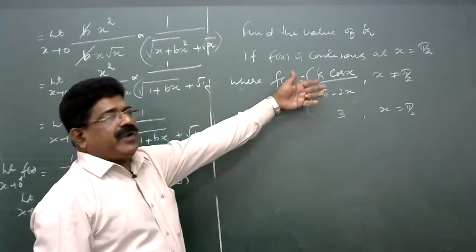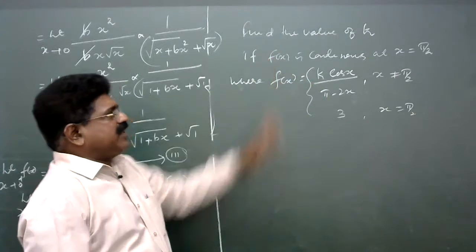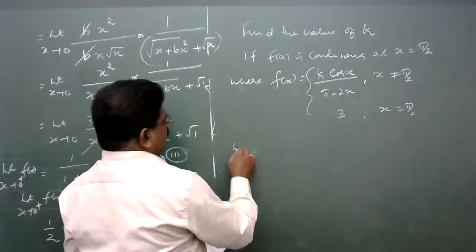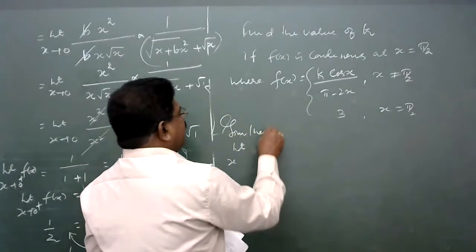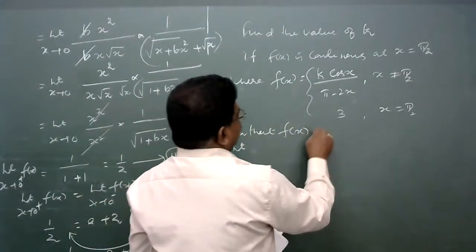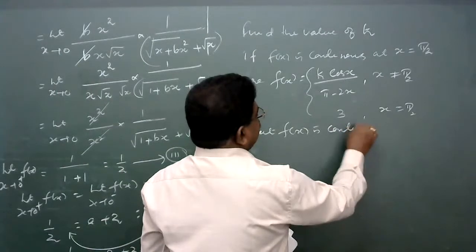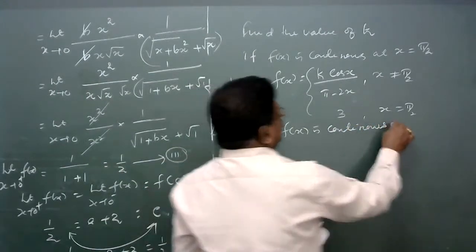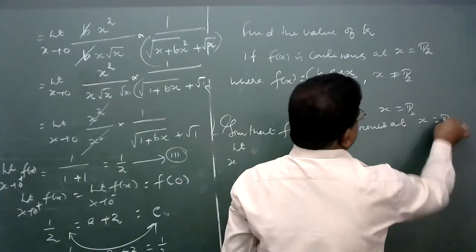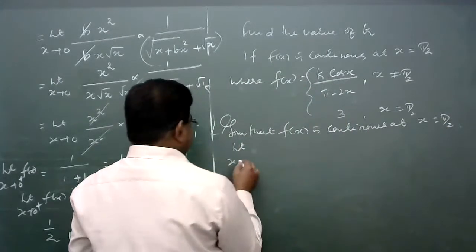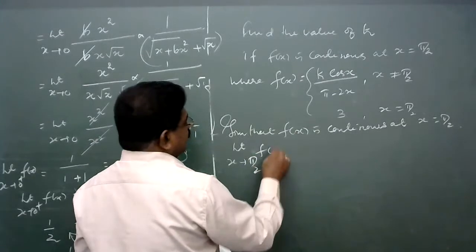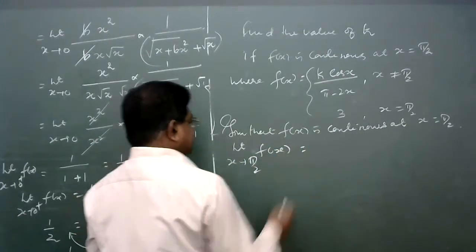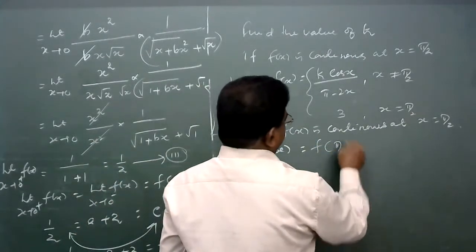Now we can apply any one of the limits. Given that f of x is continuous at x is equal to pi by 2, that means limit x tends to pi by 2 of f of x is equal to f of pi by 2.